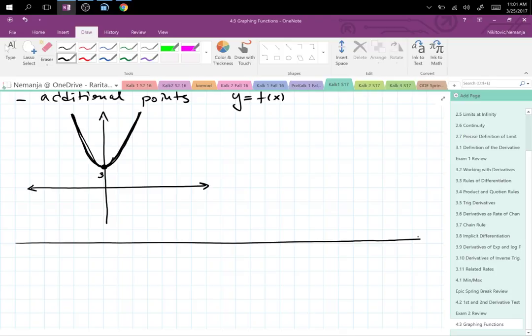But we are generally interested in cooler stuff than this. How about some functions that are divided? Maybe we can throw in some ln's, some e's, things that we generally run to calculators and software to graph.